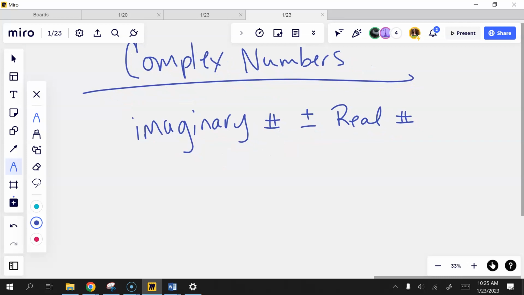So they look something like 2i plus 5. That is a complex number. It has two parts, imaginary part, real number part. When we write it in standard form, this is the way we write it. The imaginary comes first, the real number comes second. It has an i on it. The i on it makes it imaginary.